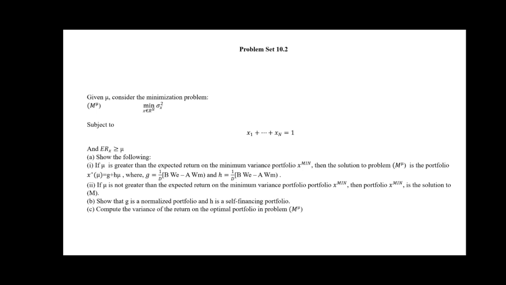If mu is not greater than that expected return, then x minimum is the solution. B, show that g is the normalized portfolio and h is a self-financing portfolio. C, compute the variance of the return on the optimal portfolio.